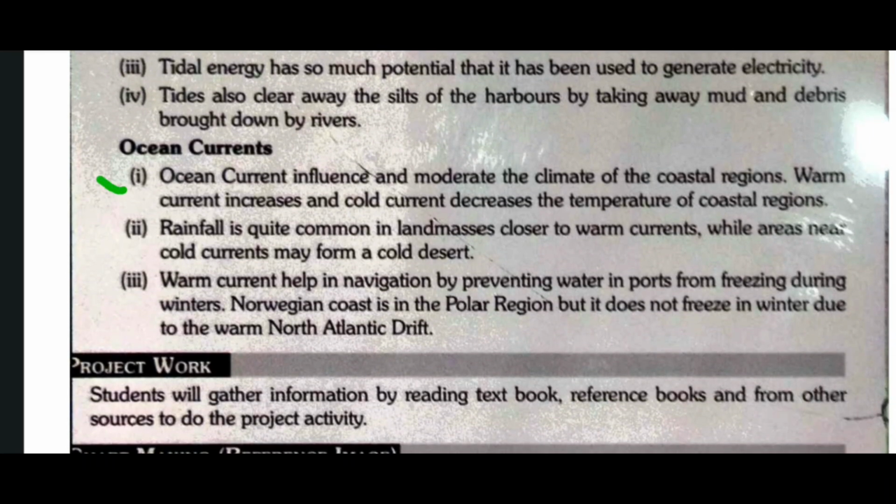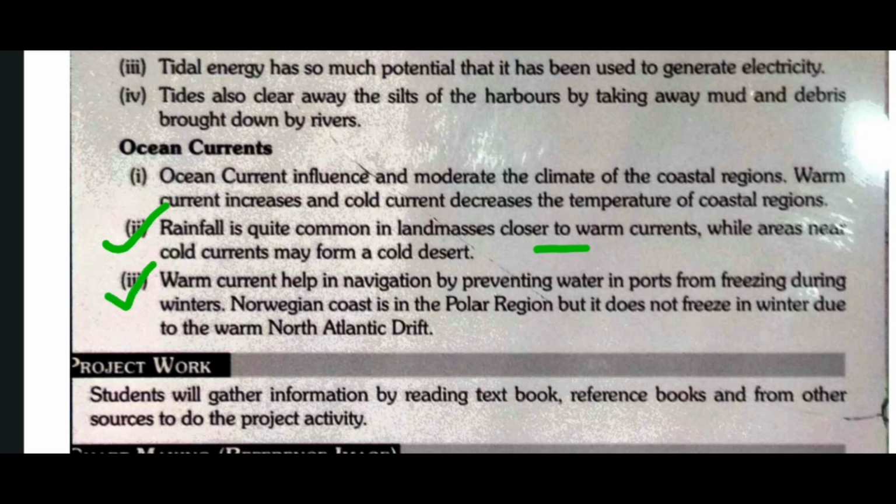Ocean currents. So first, ocean currents influence and moderate the climate of the coastal region. Warm current increases and cold current decreases the temperature of coastal region. Rainfall is quite common in landmasses closer to warm currents while areas near cold currents may form a cold desert.